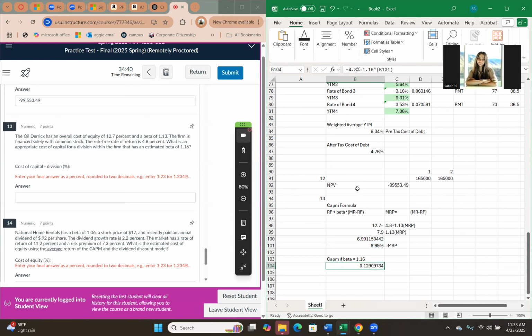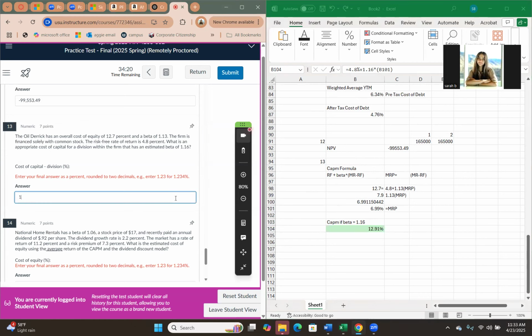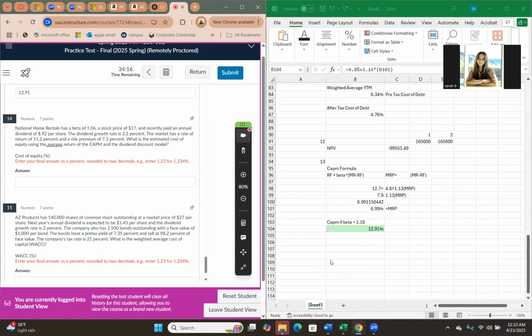That gives us 12.91% if we turn this into a percent. Okay, sweet. Does that make sense to everyone? There's a little bit of algebra there. Are we all good? Comfortable with that? Okay, I'm going to assume we're comfortable with that.